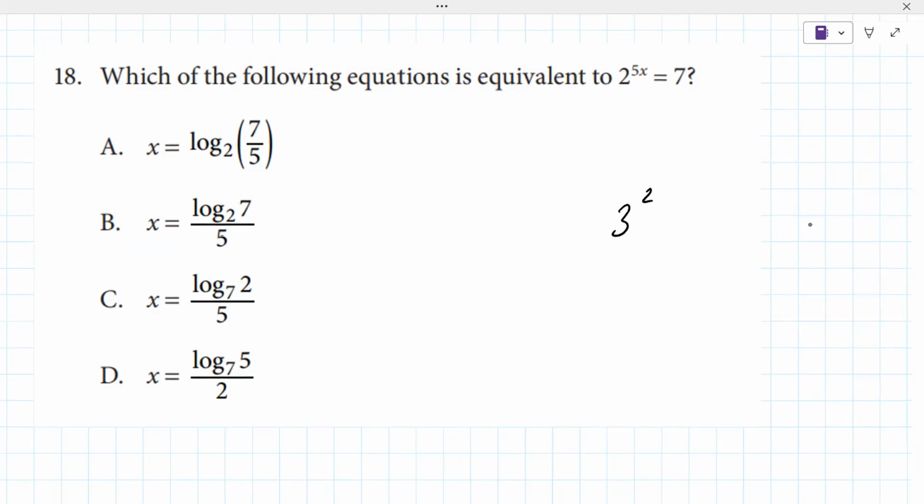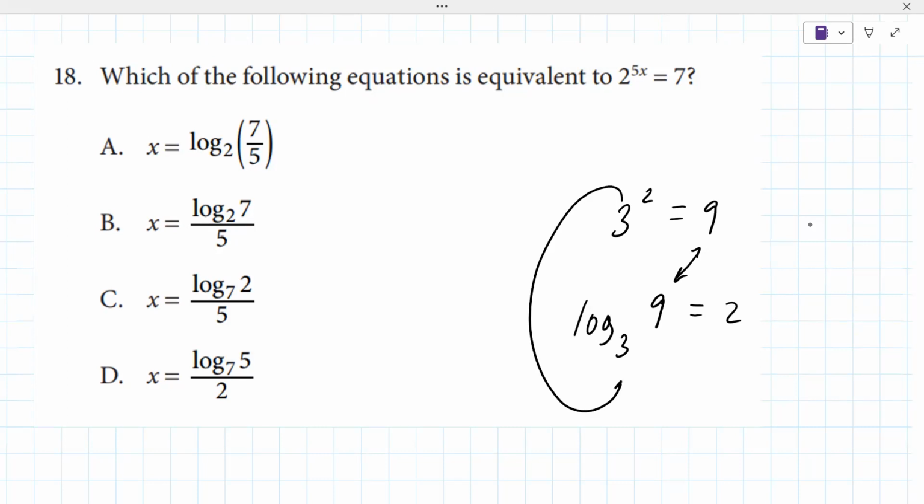Like we know that 3 squared equals 9, which is true. So log base 3 of 9 equals 2. Okay, so let's look at the mapping. This number comes here, this number comes there. So could you attempt to make the same mapping for this? We're not solving it quite yet, but could you attempt to do that for me?